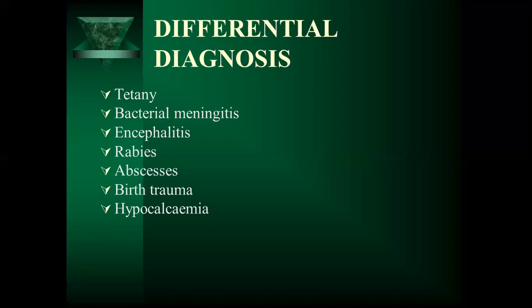With encephalitis and bacterial meningitis the patient will be unconscious. Others are rabies, tetany, or abscess, like retropharyngeal abscess, where the child is unable to open the mouth, so retropharyngeal abscess looks like cephalic tetanus.